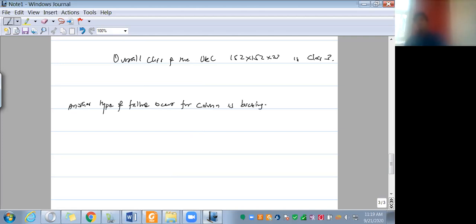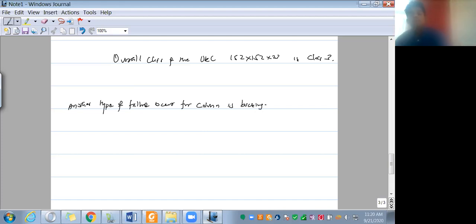So how to determine the buckling load and see whether our section can withstand the buckling load? We have already chosen a section. So now we need to see whether this section can withstand the buckling load, or the buckling load is lower than the capacity. That we have to do.